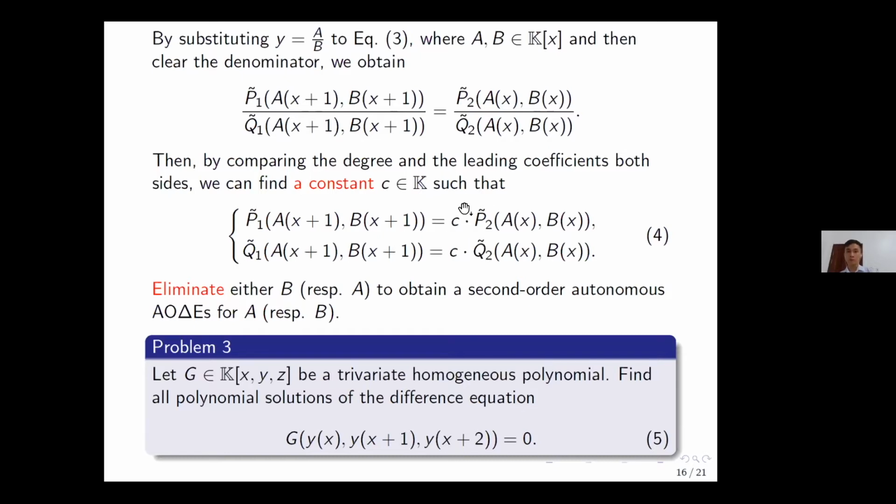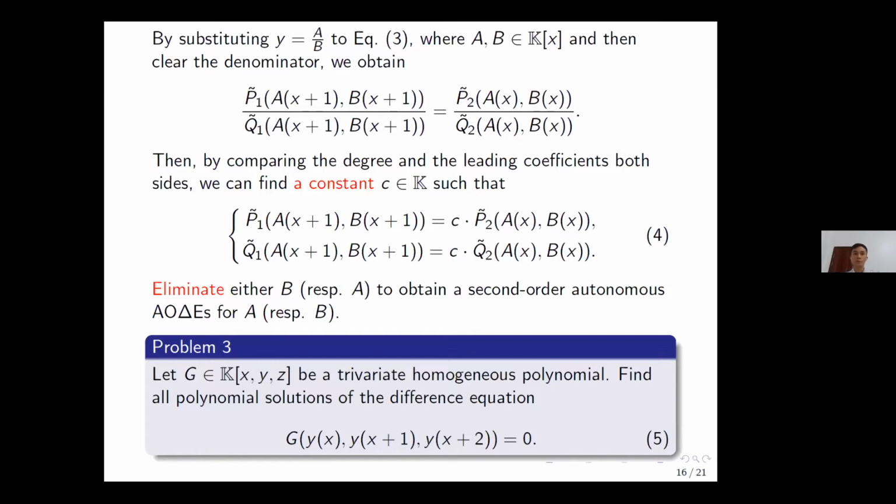And that constant can be determined by comparing the degree and the leading coefficient of both sides. And we prove that there are only finitely many choices for that constant. And the constant can be determined from the given polynomial f.